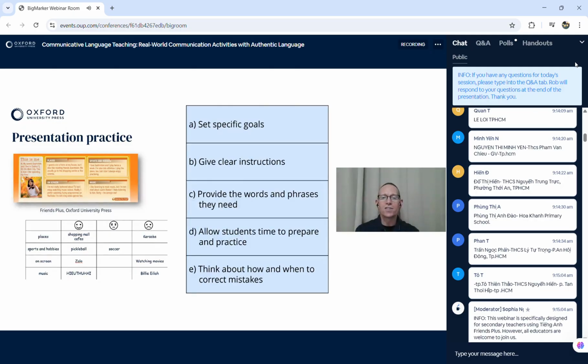We allowed students time to prepare by filling out the chart and maybe practicing by giving their presentation to a partner first or a small group before giving their presentation to the whole class. And again, when students are giving a presentation, this is really a fluency activity. So of course we would not interrupt the students if they make a mistake.